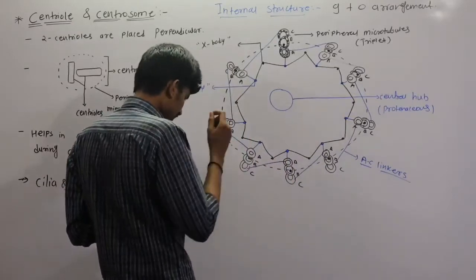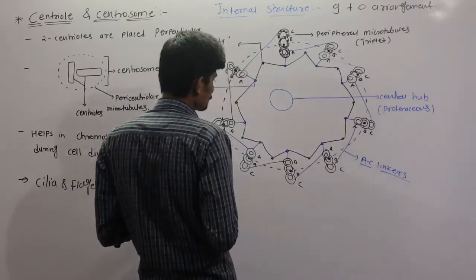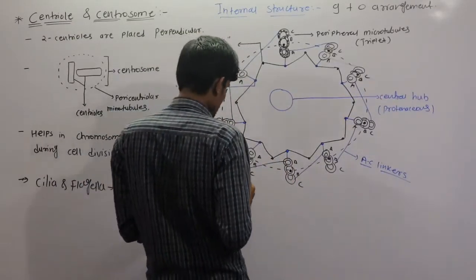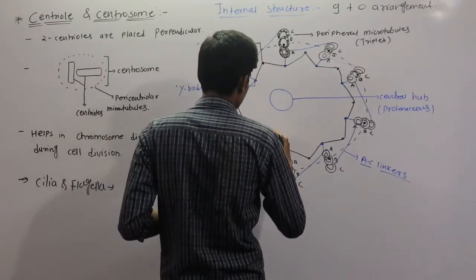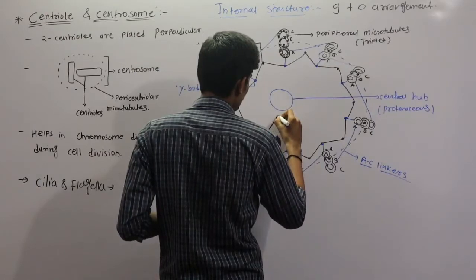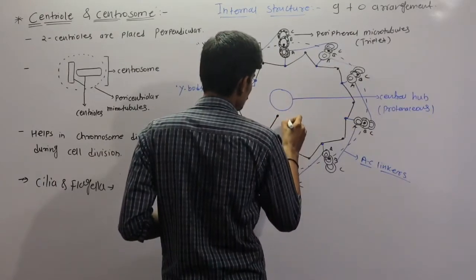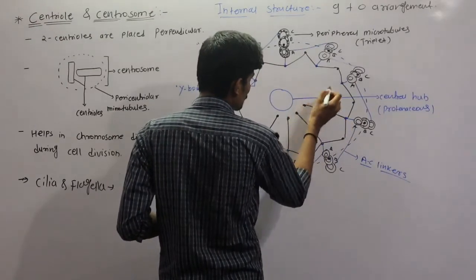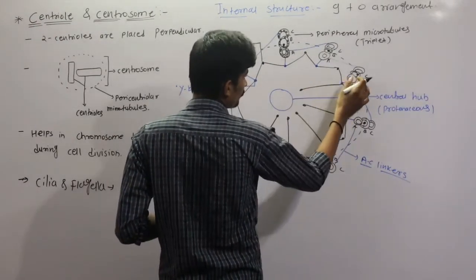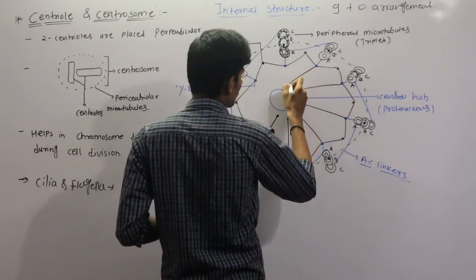And there are the radial spokes. From this body arise the radial spokes. So there are a total of 9 radial spokes, meaning one for each peripheral microtubule.